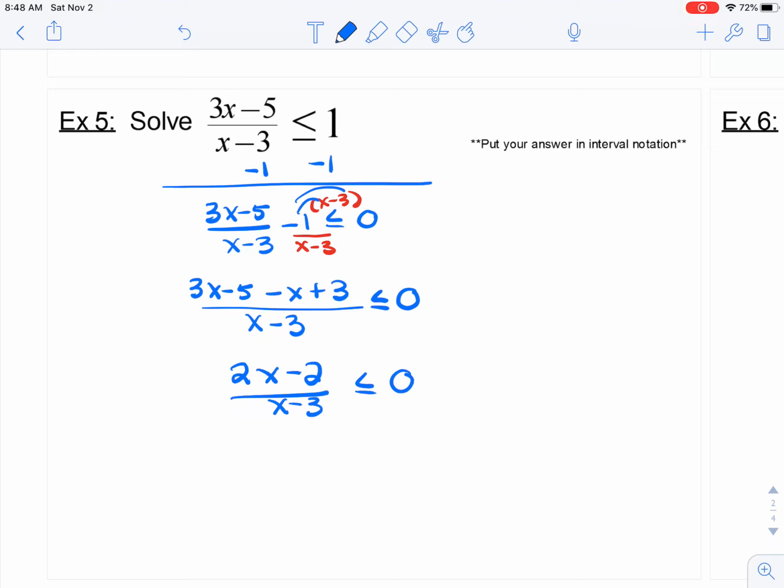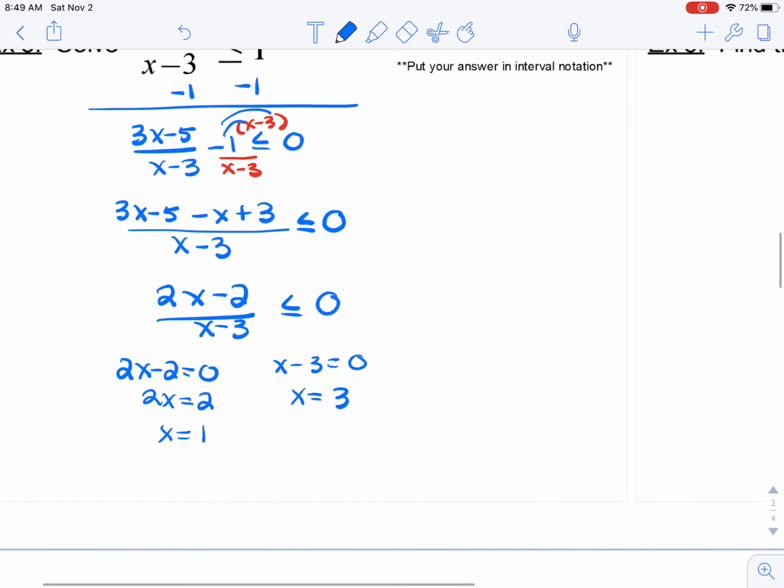So if you ever have a fraction, the critical values are either going to make the numerator or denominator equal to 0 here. So if I set the numerator equal to 0 and solve, I would get 2x equals 2, so x would equal 1. And if I set the denominator equal to 0, I would get 3. So my critical values here are 1 and 3.